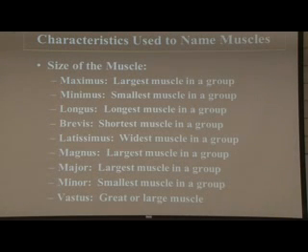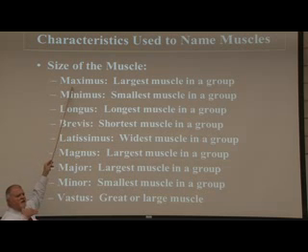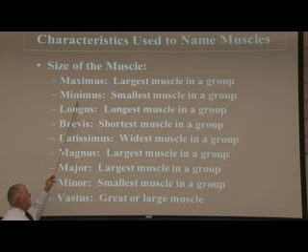And then there's quite a bit of connective tissue interacting to keep those muscles connected to one another. So if we're looking at size, we use some pairings pretty precisely. So if we use the word Maximus to describe the large muscle, then we would use the word Minimus to describe the small muscle. Conversely, if we use the word major to describe the large muscle, then we would use the word minor to describe the small muscle.